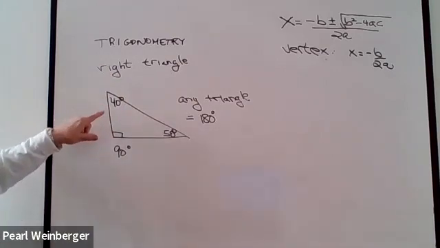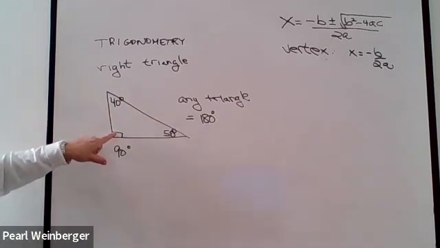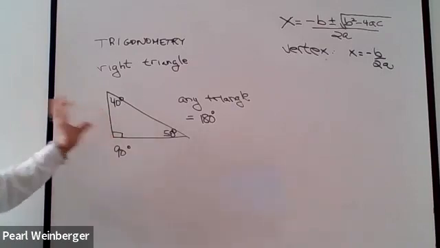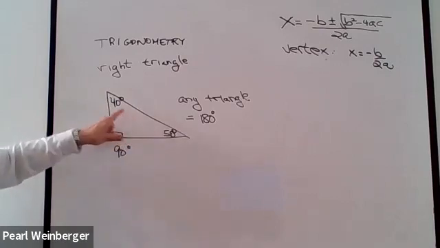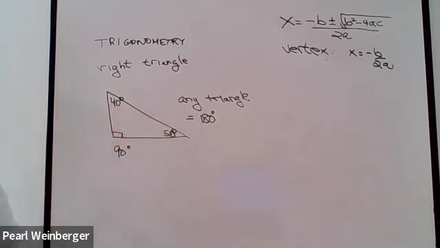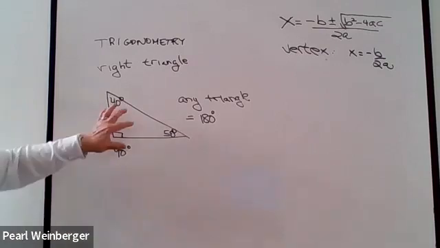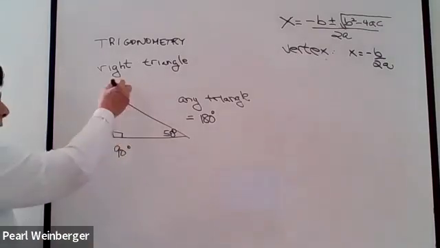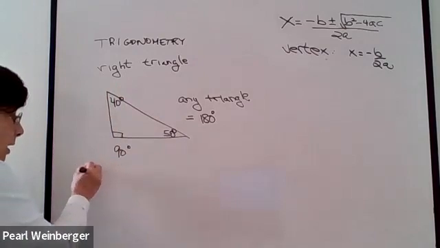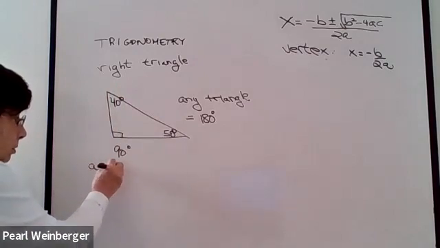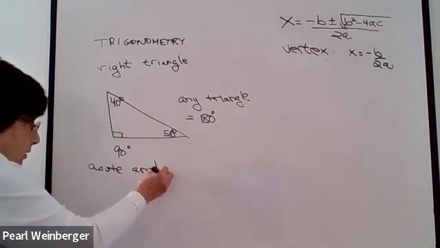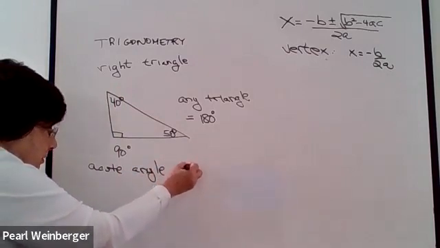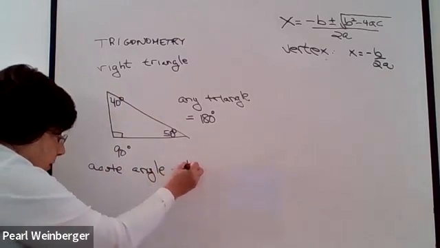I think you should notice, this is what we call a right angle. This is our square corner. These two angles have to each be less than 90 because the two of them together add up to 90. They are what we call acute angles. An acute angle is less than 90 degrees.